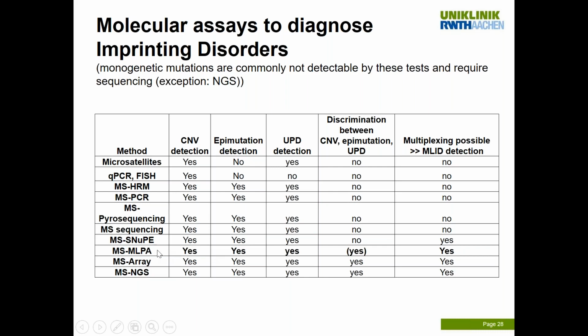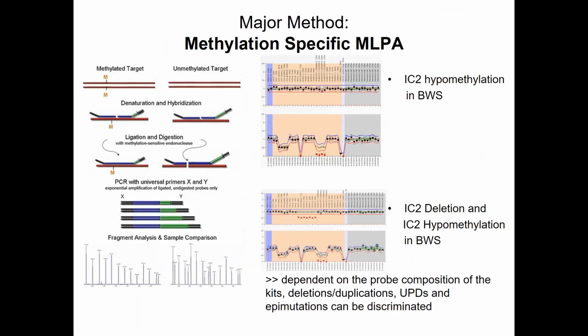And I want to focus your interest on MLPA because, as far as I know, this is currently the widely used test in diagnostics, and with that test you can identify at least 3 of the different molecular alterations which you might observe, and the major advantage is that you can discriminate between the 3 different types of molecular changes. And finally, you can multiplex MLPA to address multi-locus testing.